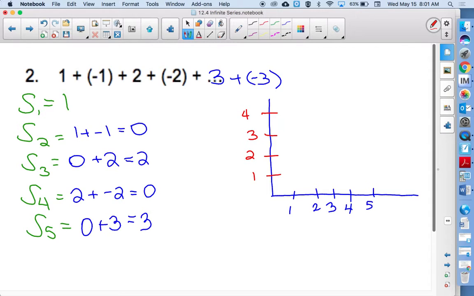But sometimes those numbers can get larger depending on what the numbers are in our series. So we're graphing the first sum at 1, and then the second sum is 0. My third sum is 2, and then we're back down to 0. And then the fifth sum is 3, and I bet the sixth sum would be back down to 0.